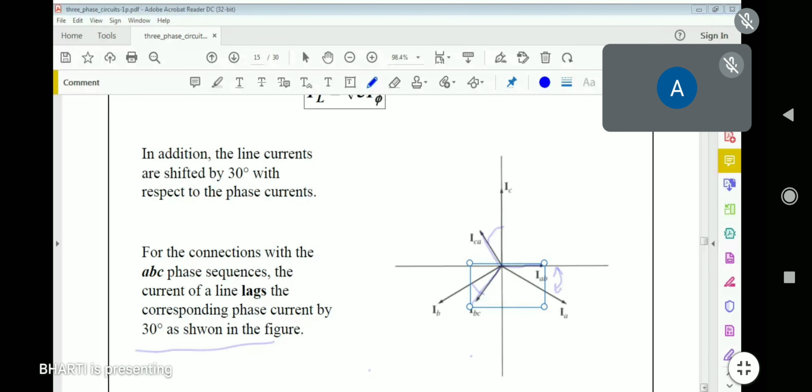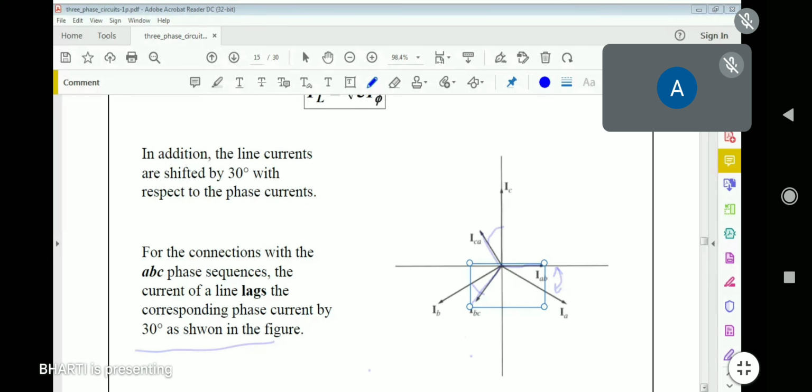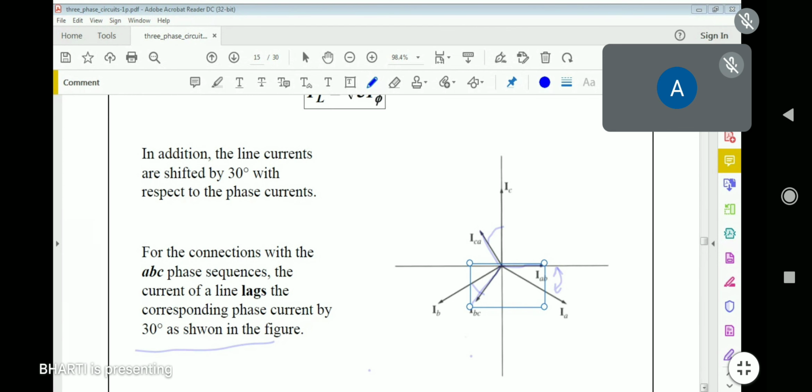Phase voltage and line voltage are related to each other by a factor of root 3. And in case of delta connected circuits, the voltages, that is phase and line voltage, are the same. And line current and phase current are related to each other: line current is equal to root 3 times phase current. Is it clear to everybody now?